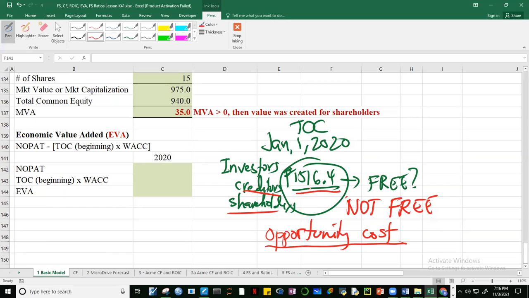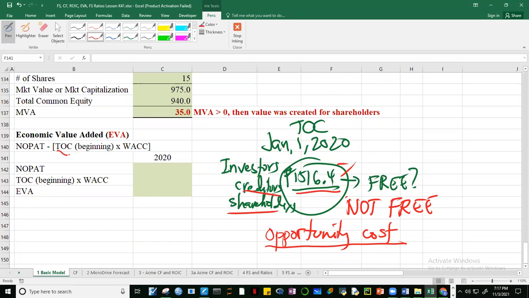So what are we doing here, guys? We're going to charge management for the use of this capital. Since hindi free tong TOC na to, we're telling management, we're going to provide you with 1516.4 of total operating capital, but we will charge you for the use of that. And what's the charge for that? Andito sa formula na to.